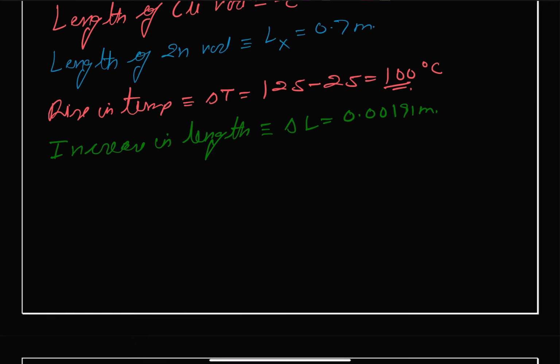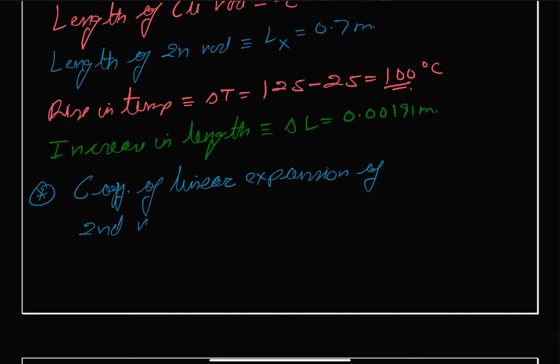So in the first part, the coefficient of linear expansion of the second rod, let us call this alpha of x.